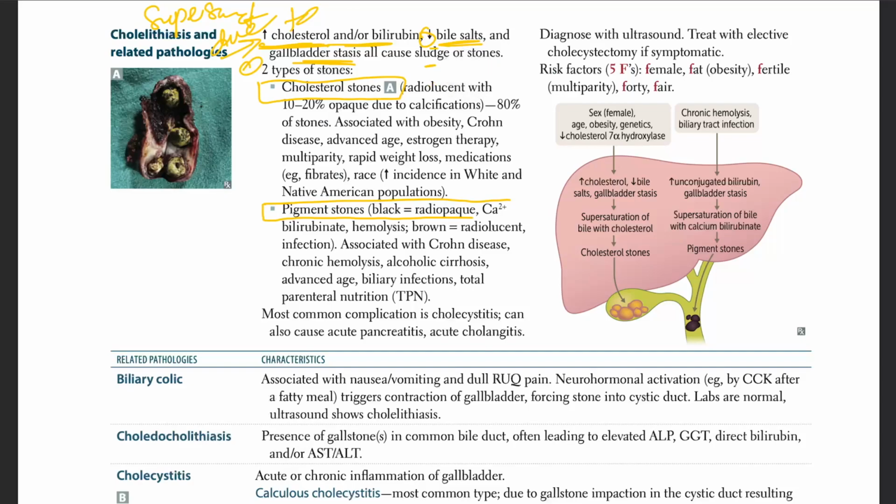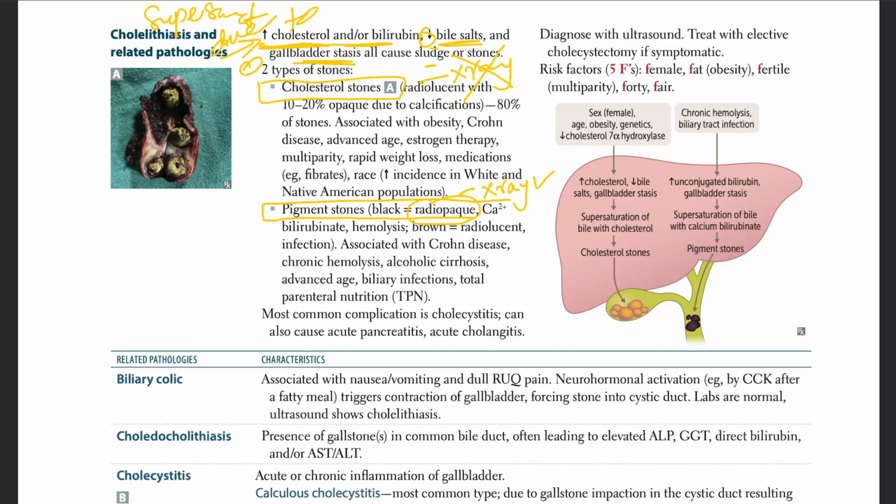So let me write X-ray, but they can't show on X-ray. That's radiolucent. And the other type, which is radio-opaque, what do we mean by that? It shows on X-ray.